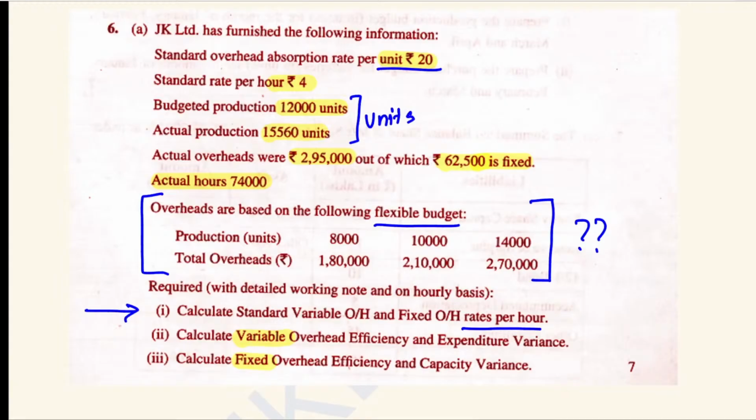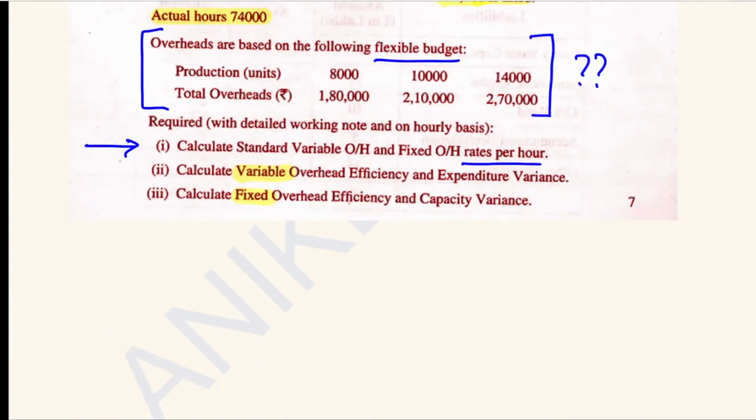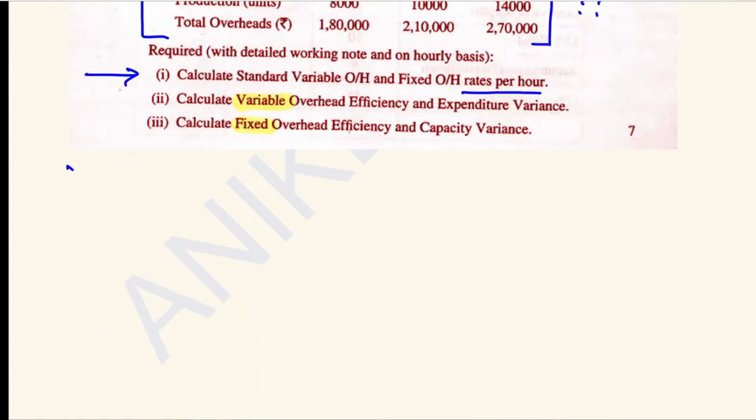Now, how to go about this? How can I calculate? Again, this is your paper 8 question where you have to segregate variable and fixed cost. How will you calculate the variable cost per unit? Using this formula: variable cost per unit is given by change in cost divided by change in units.